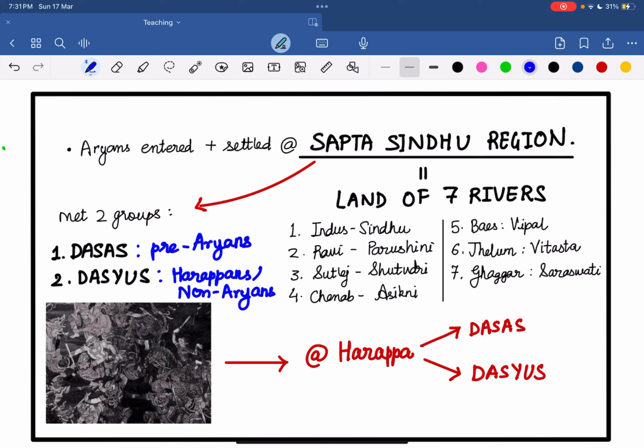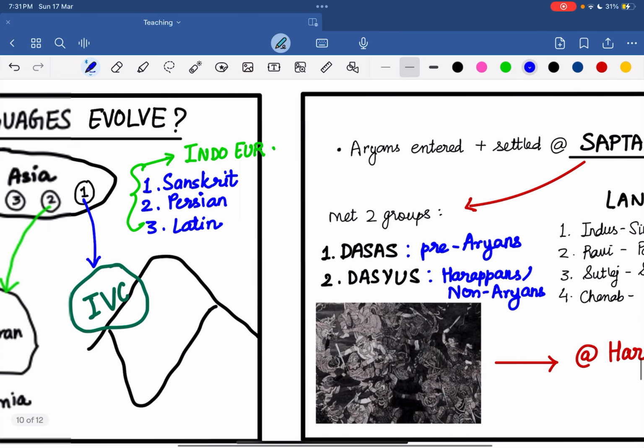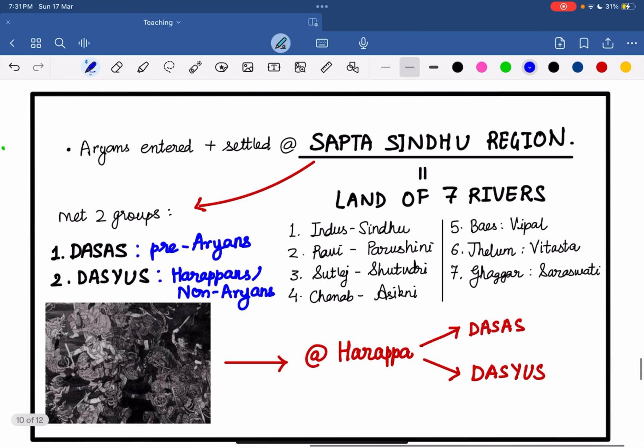So the Rigvedic Aryans, group number 1, when they came to India, they met two groups of people, the dasas, who were pre-Aryans, and the dasyus. They fought a battle with them because Aryans per se have always fought for supremacy, right? When they see somebody else on a piece of land which they want to claim theirs, they'll have a fight. Upon their arrival, they fought a battle with these two groups of people. And this was at Harappa.